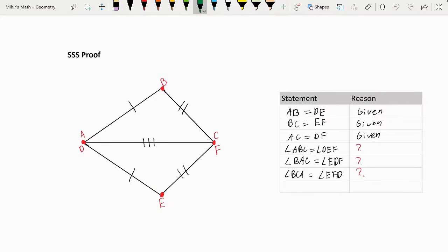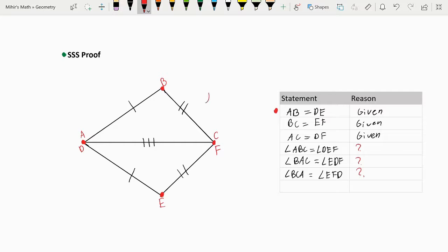So here we have our SSS proof, and we have two triangles, triangle ABC and triangle DEF, and what's given to us is that side AB is equal to side DE, so these two sides are the same.